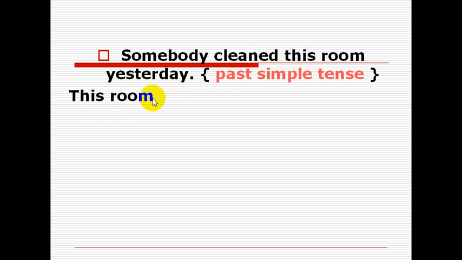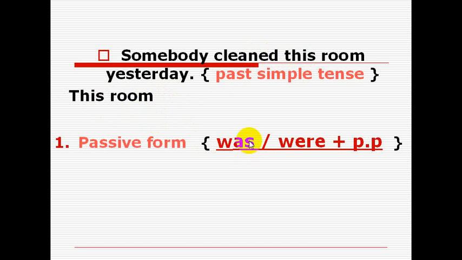So I'll put it at the beginning of the sentence with a capital letter. This room, followed by verb to be in the past, was or were. This room is singular, not plural. The plural form is these rooms. Excellent. So, this room was.